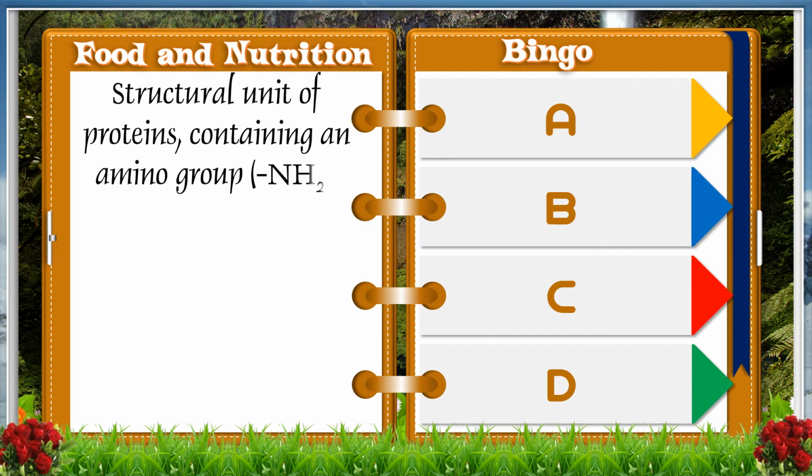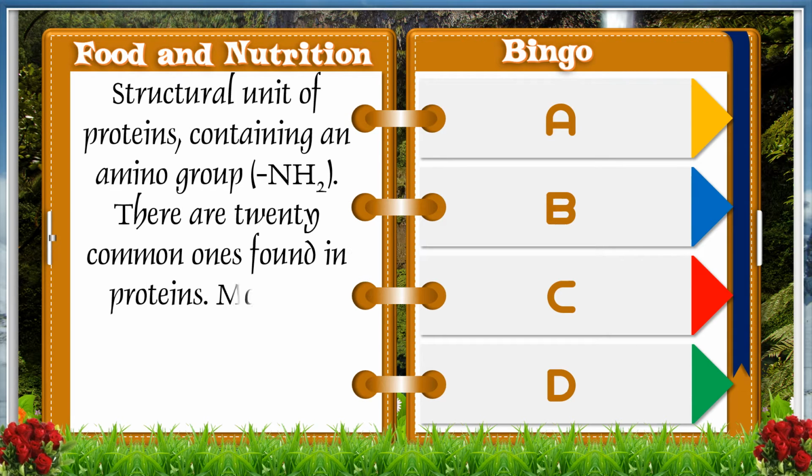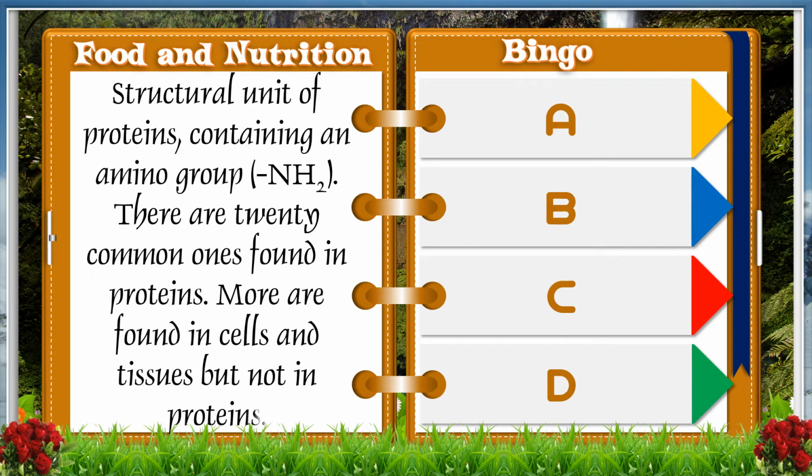Structural unit of proteins containing an amino group. There are 20 common ones found in proteins. More are found in cells and tissues, but not in proteins.